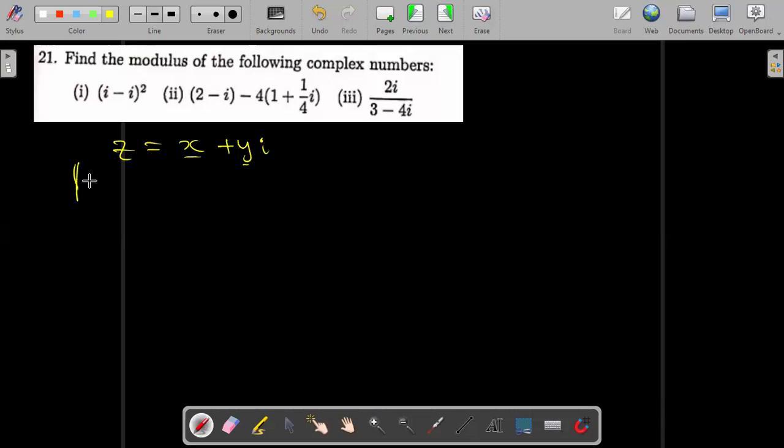So when I say z, the modulus of z is defined as the square root of x squared plus y squared. So now to find the modulus of all this, we need to get to such a form.